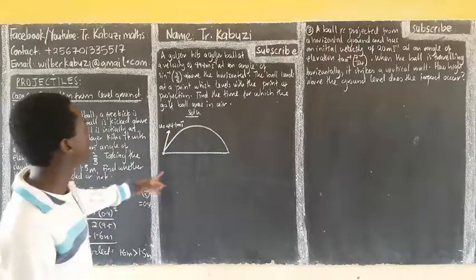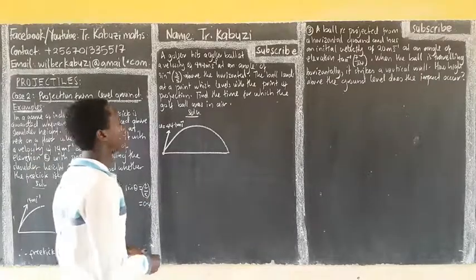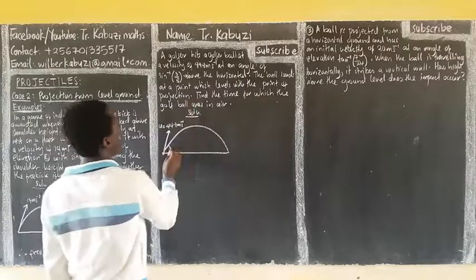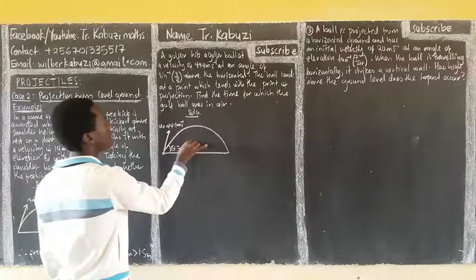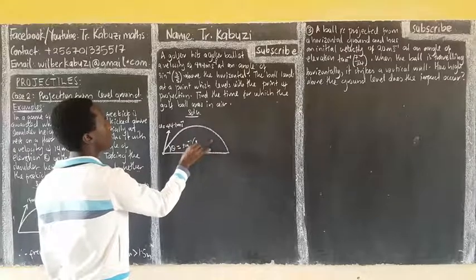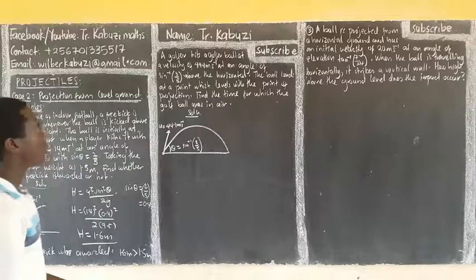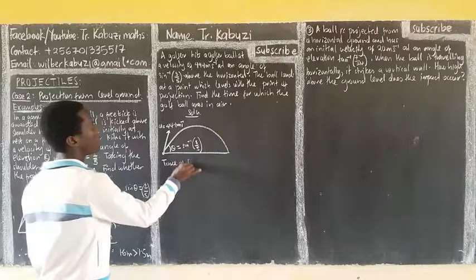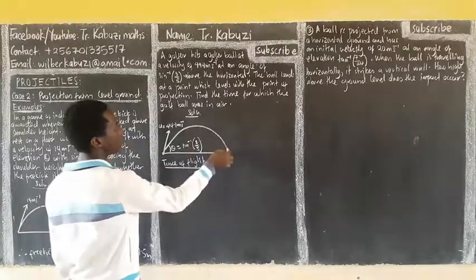After hitting it, they're asking for the time of flight. They are giving us the angle, so our theta here is given by sine inverse of 3 over 5. They are asking for the time of flight, the time spent in the air, from here to here.